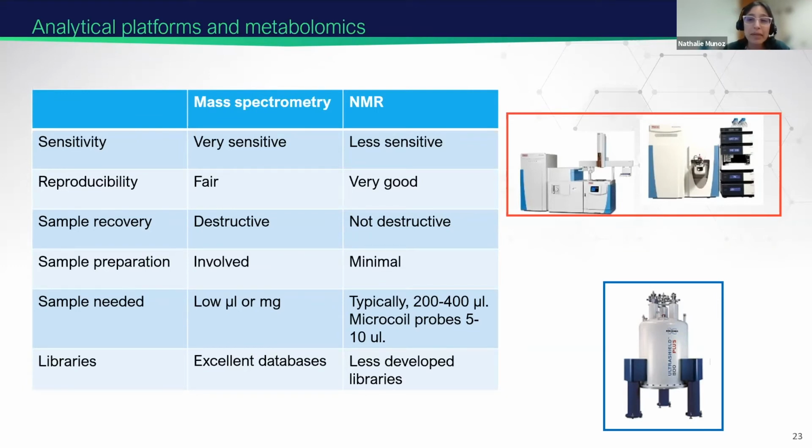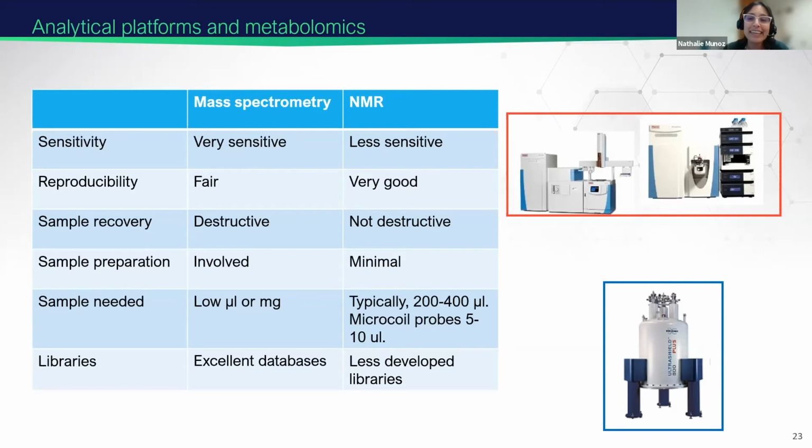The sample preparation for MS in general is more involved compared to NMR, and steps like derivatizations are not required in the case of NMR. In MS, sample needed is usually in the low microliters or milligrams because of the sensitivity, while in NMR, you usually need more volume or biomass. However, there are new developments in this field that we'll hear about this morning.